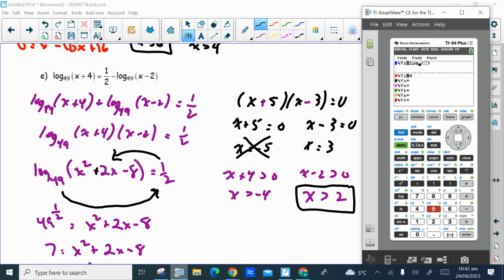So the left side is log base 49 of x plus 4. The right side will be 1/2, which we can just write as a decimal, 0.5, minus log base 49 of x minus 2.